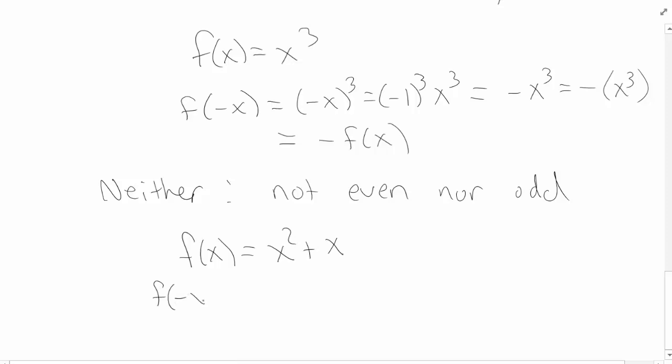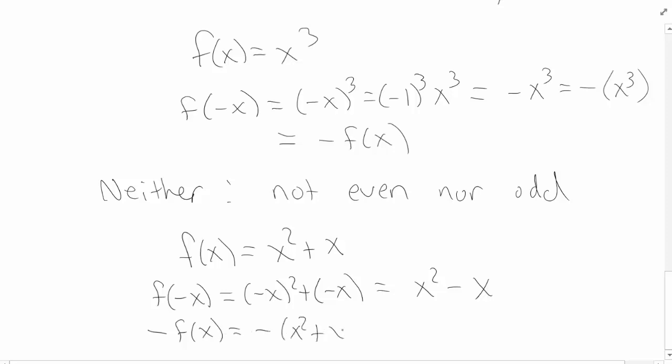You plug in a negative x, you get negative x squared plus negative x, which is the same as x squared minus x. This is not the same as f of x, because you can see I have a minus here instead. And it's not the same as negative f of x, because negative f of x would be if you put a negative in front of the whole thing, which would mean that should be negative x squared minus x, which it's also not that. So this function is neither.